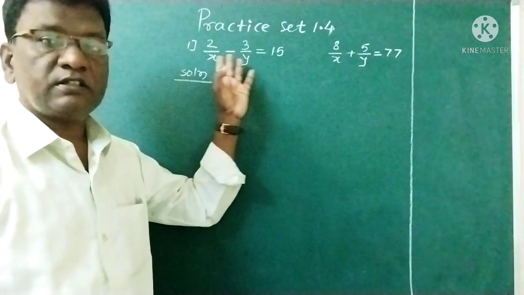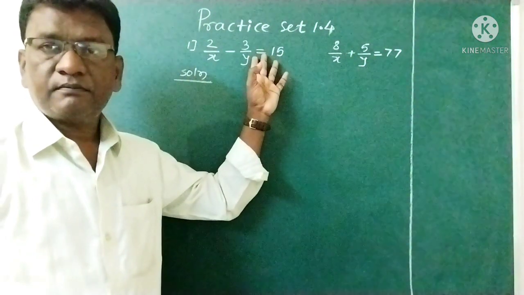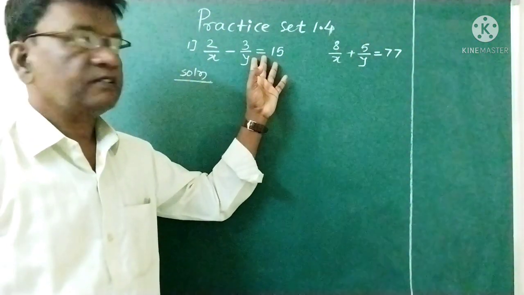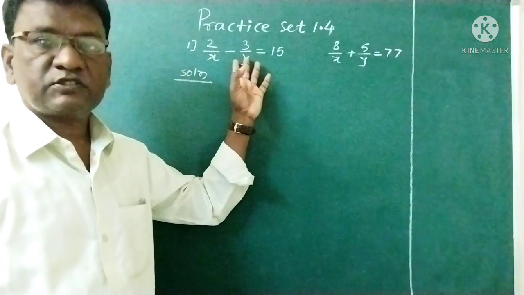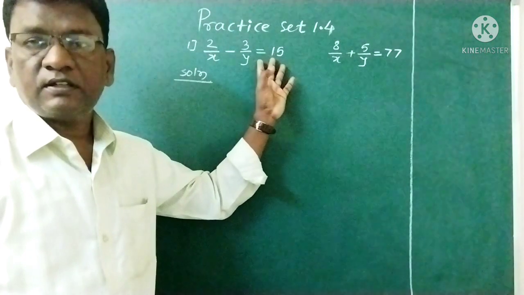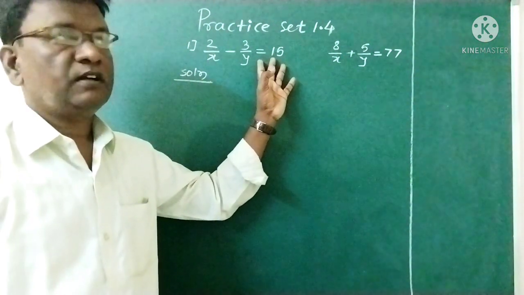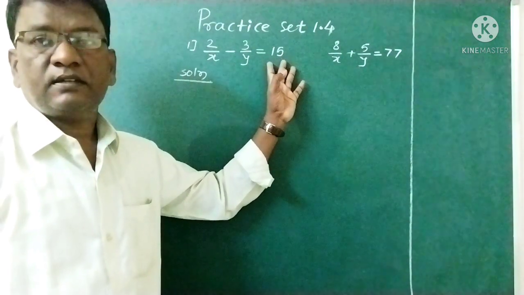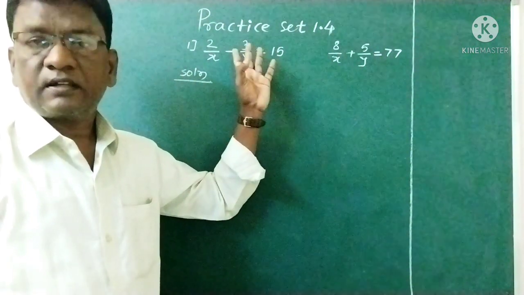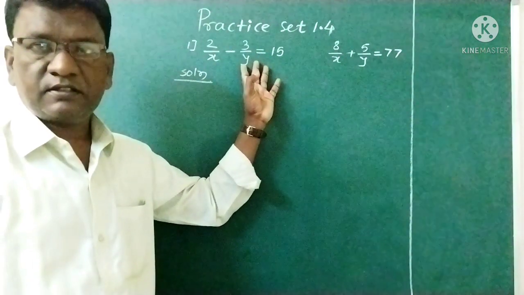You have to reduce it into the linear form by substituting specific values and convert it into the linear form ax plus by equal to c, and then solve it by graphical method, Cramer's rule or elimination method.